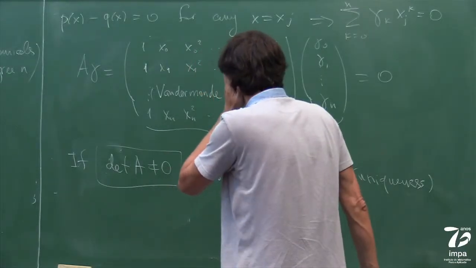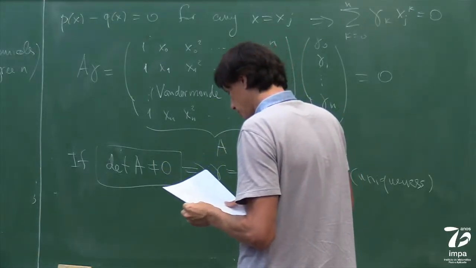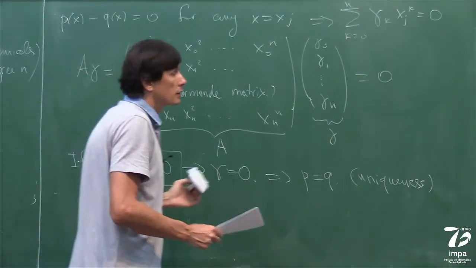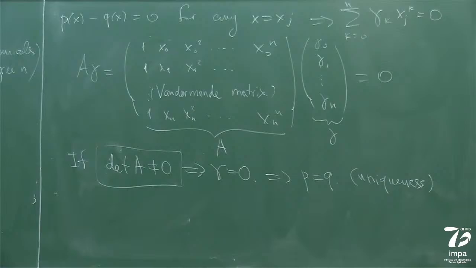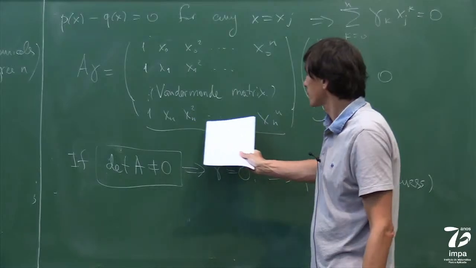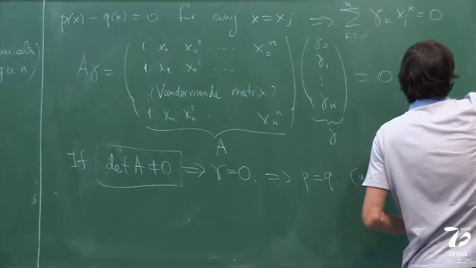How you prove that the determinant is not 0 is actually by directly computing this determinant. A nice way to do it is to substitute the last row by the row of the variables x, x squared, and so on, and call it Vn of x.